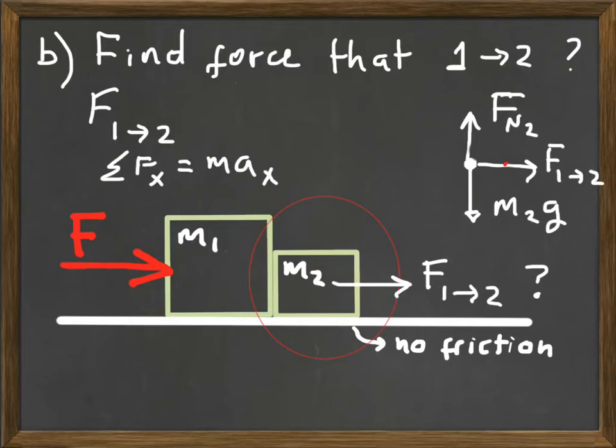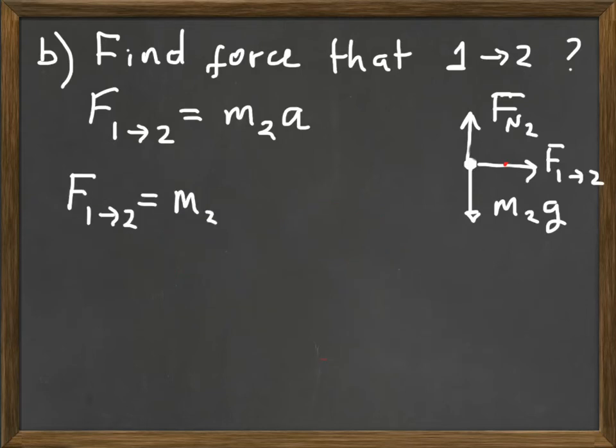And according to Newton's second law in the x direction, that force should be the mass times the acceleration of the object. We're considering the motion of M2, so the mass is M2, and the acceleration A is the same as the acceleration that we calculated previously. It must be the same. M2 has the same acceleration as M1, and both together have an acceleration that we already found previously. So what we can do now is replace.